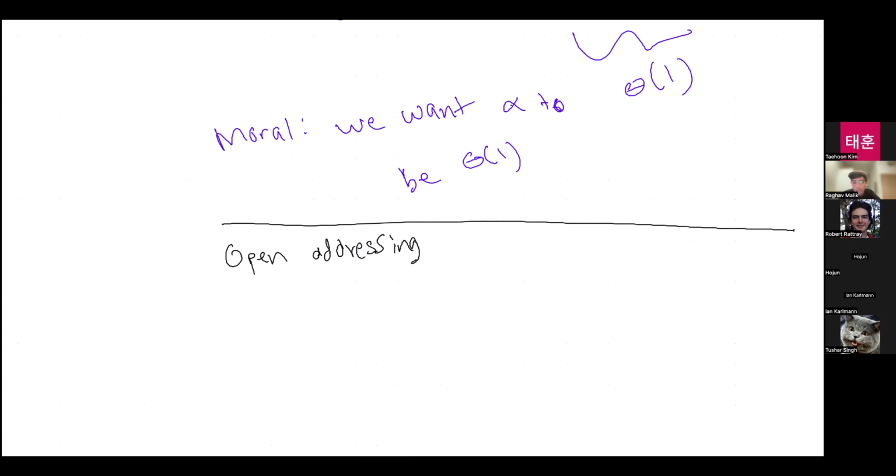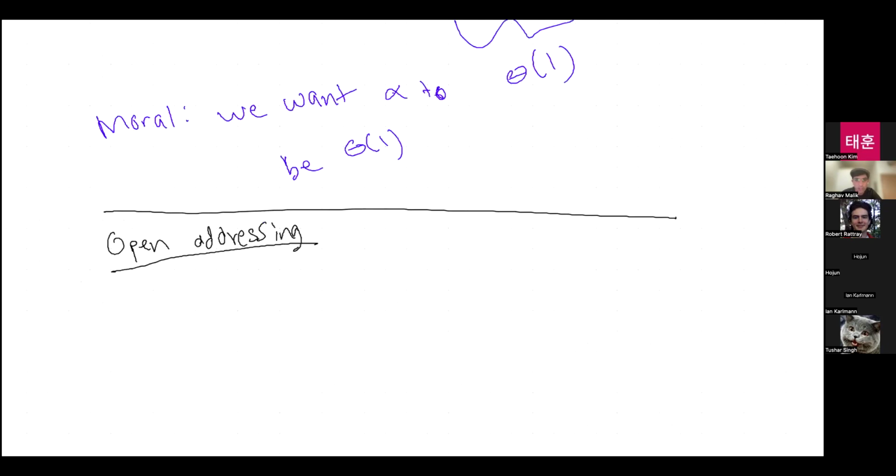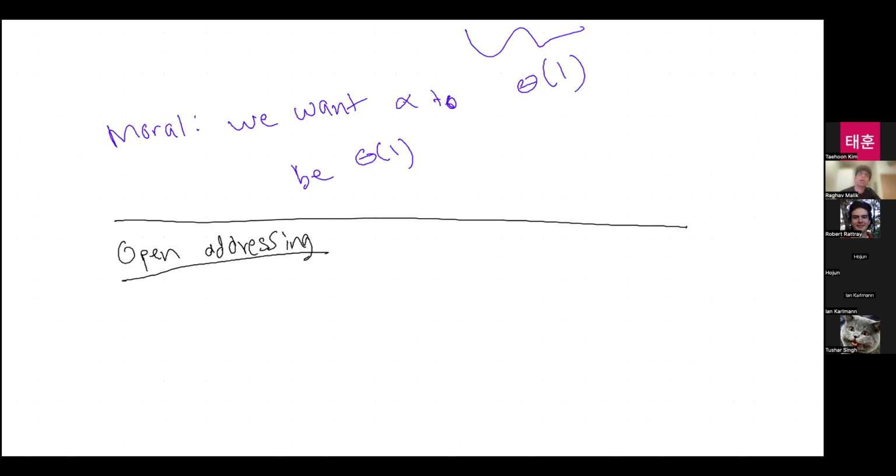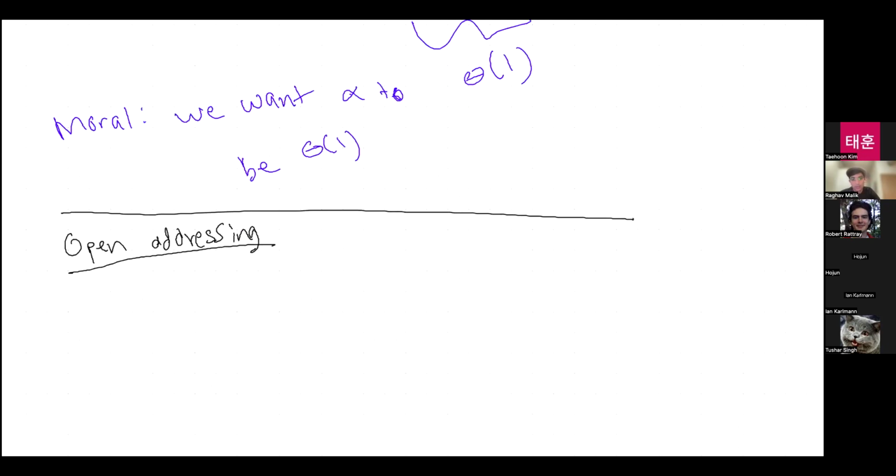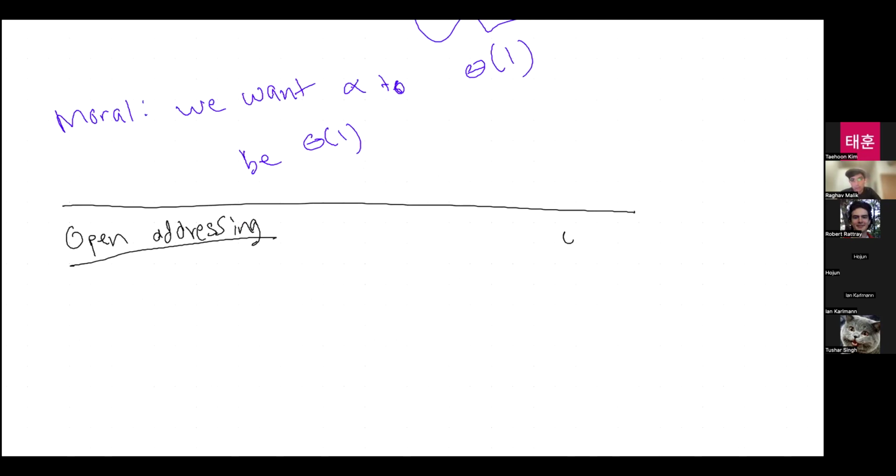Okay. So the idea of open addressing comes from the fact that we hate pointers, right? So if I think about how much space I'm using for, let's say the thing I want to store is like 32-bit integers, right?